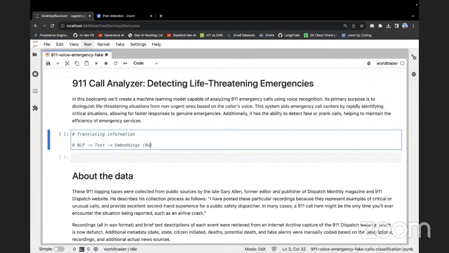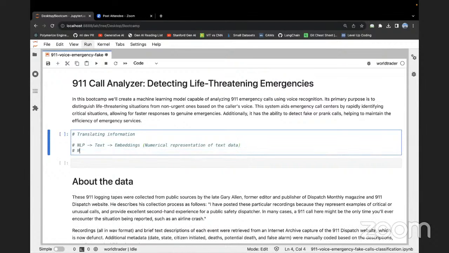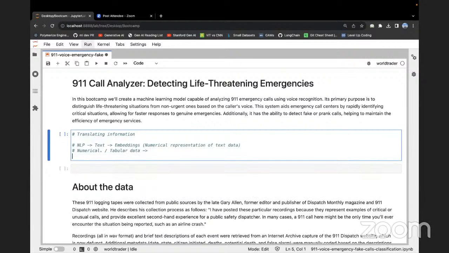Embeddings are basically numerical representation of text data. So if you worked on an NLP problem at any point of time, you will definitely have converted text data into numerical data, because machines can only work with numerical data. If you already have numerical data, which we generally call tabular data, you might have just directly used that data.